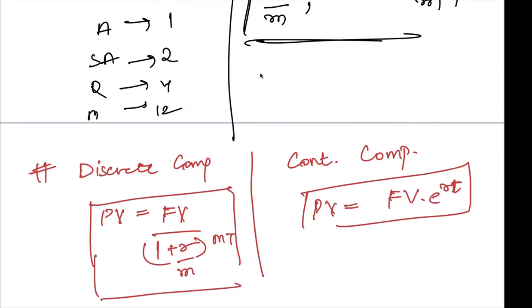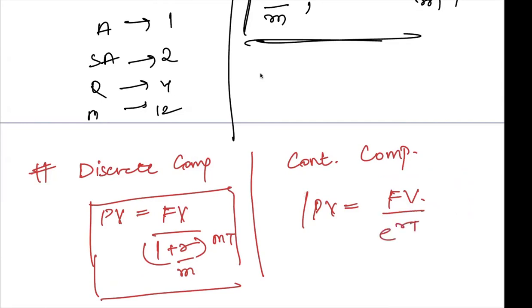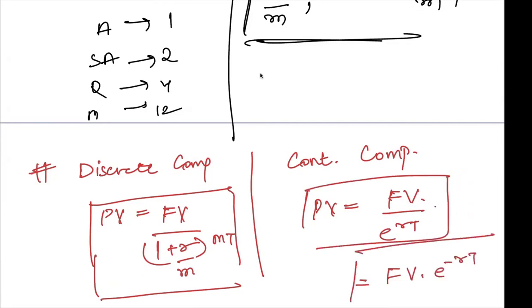Oh, my bad, I was writing E. Okay, you are right. Either this, or you can also write this as FV times e to the negative RT. Same thing. So this was all about discrete compounding and continuous compounding.